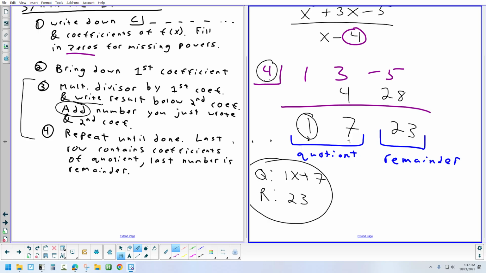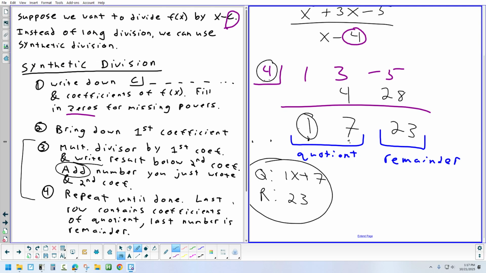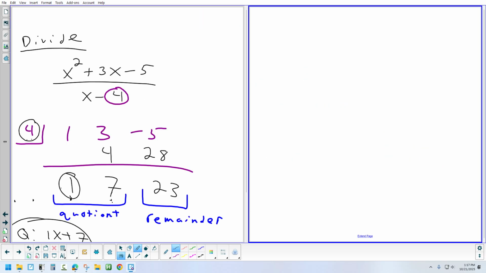Yes? What will be the cases in which synthetic division wouldn't work? So what do we have to have in the bottom to use synthetic division? X minus c. Yeah, it's got to be x minus a number. So if I gave you a problem like this, you can't use synthetic division because the denominator is not x minus a number.